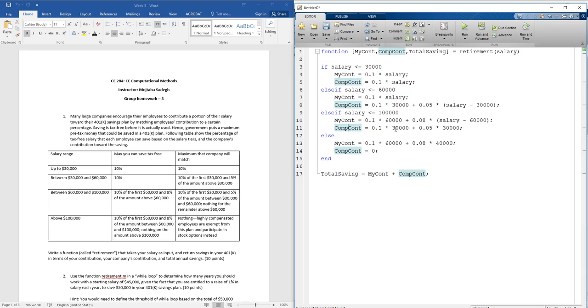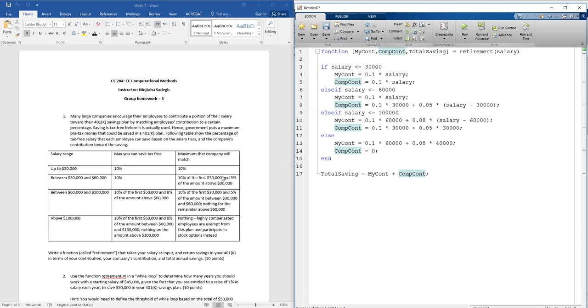That would be 10% of the 30K, 5% of anything between $30,000 and $60,000, which is basically $30,000, and nothing above 60K, so that's plus 0.